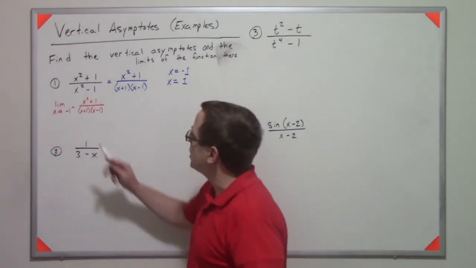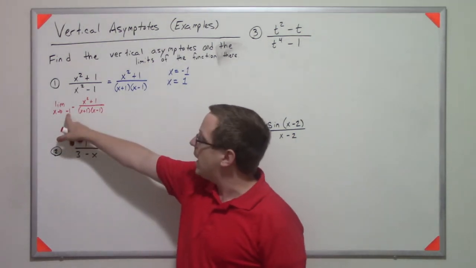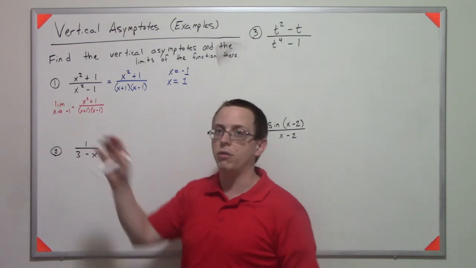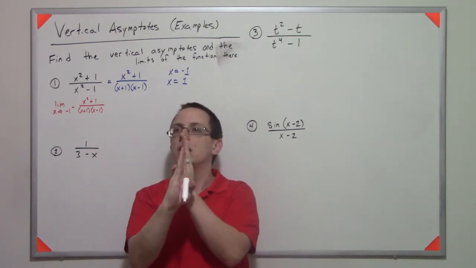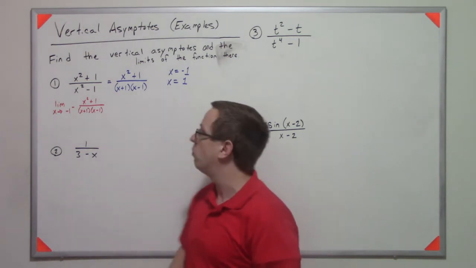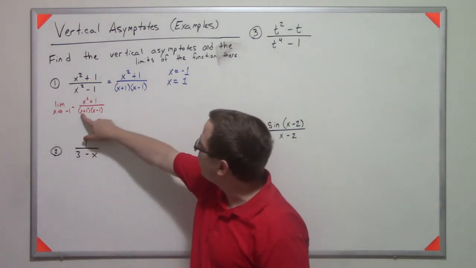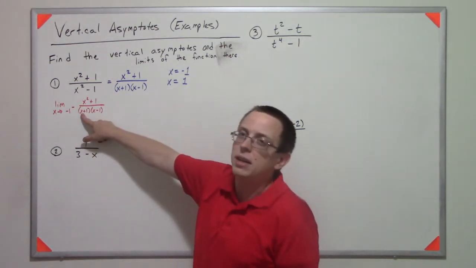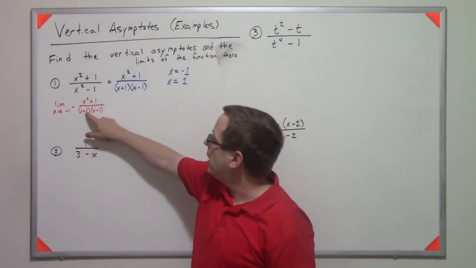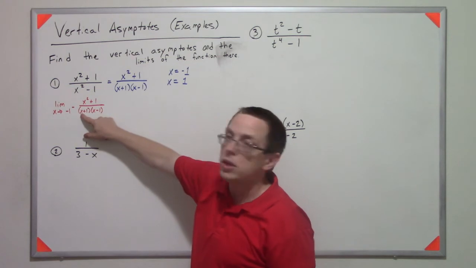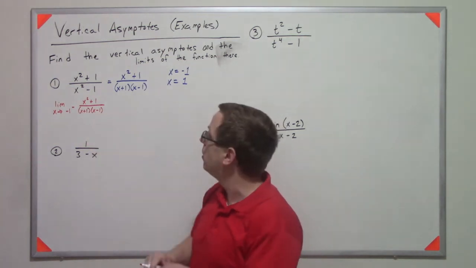So let's think about this. If it's coming from the left of negative 1, think of it as a little more negative than negative 1, like negative 2, for instance. If I plug in negative 2 here, that's going to be a negative number because negative 2 plus 1 is negative.